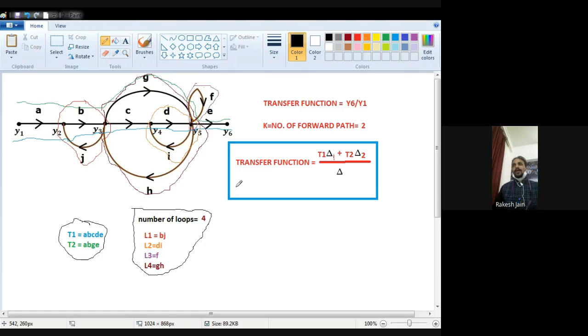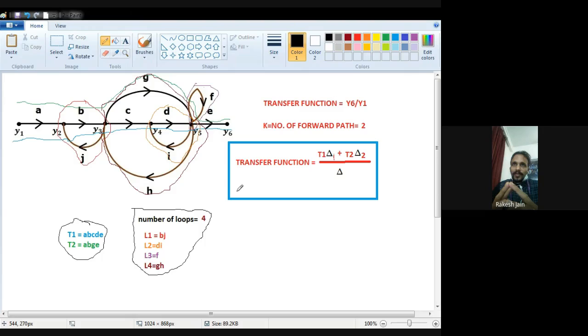DI. Okay, now see the third one, the circle with the purple color. See the purple color circle in the diagram, that is my L3 loop. I start from the y5 node, again come to the y5 node without repetition of any branch.